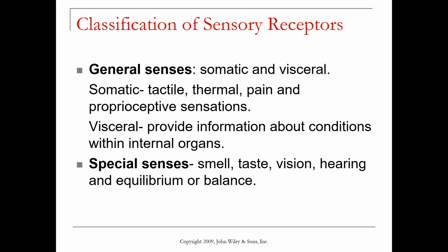The visceral sensations can still tell us pain, for example, and pressure, but they're internal. If we have a lot of gas in our small intestine, we feel uncomfortable, we feel bloated, as we say. It may even be painful. You may describe it as cramps.